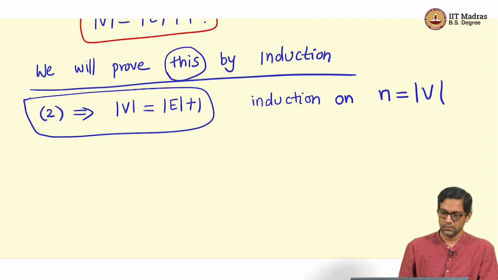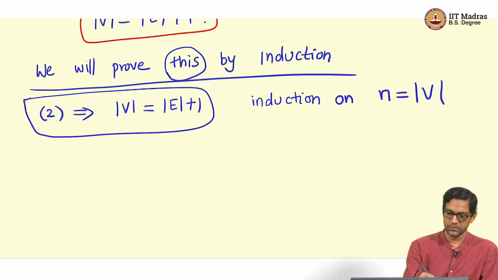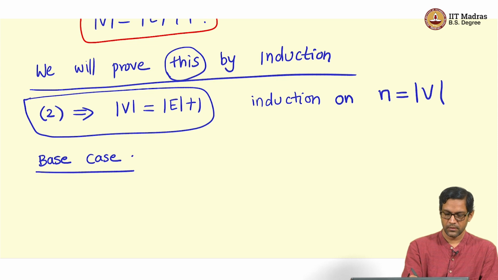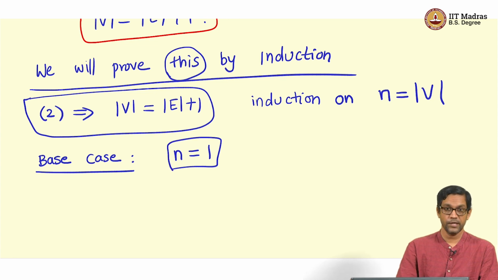So let's see what we will have to do. We will first have to establish the base case of the induction. So we have to first establish what we have to prove for n equal to 1. Now what does that mean?